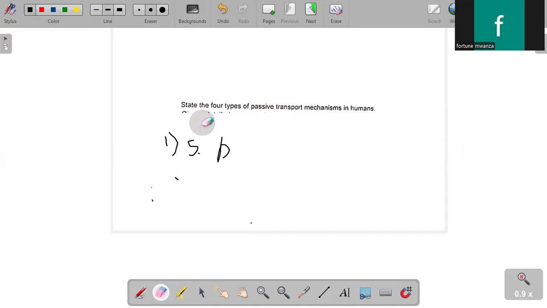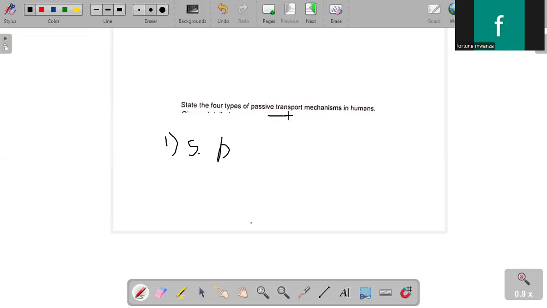What you have to know about all four types is that they do not require energy. Passive transport does not require energy for it to happen. The other thing you have to know is that particles are going to be moving down the concentration gradient.